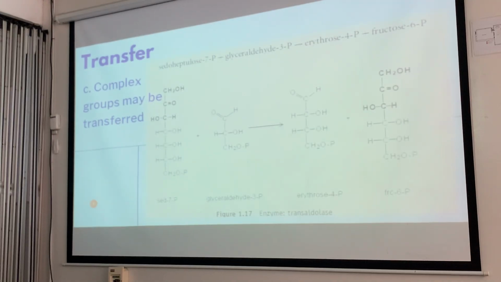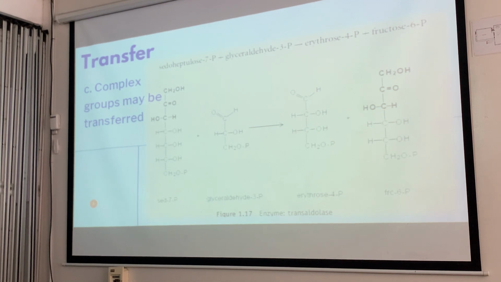Another is the complex groups. In the pentose phosphate pathway, one of the reactions here is you will use transaldolase. So C3 from sedoheptulose 7-phosphate plus glyceraldehyde 3P will become erythrose 4P plus fructose 6P.